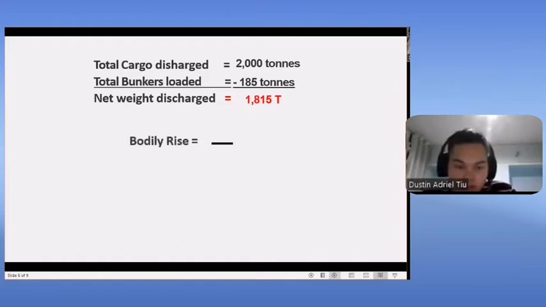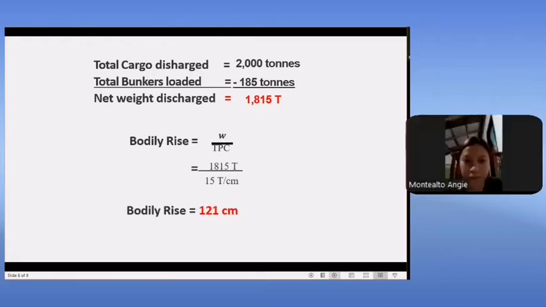We need to solve the bodily rise and use its formula, small letter W over TPC. So our W, or net weight discharge, is equal to 1,815 tons, and TPC is given, which is 15 tons per centimeter.